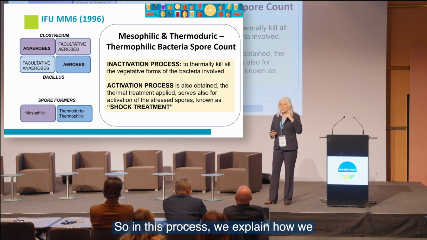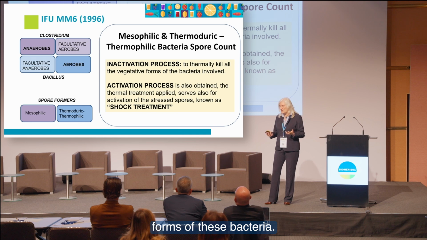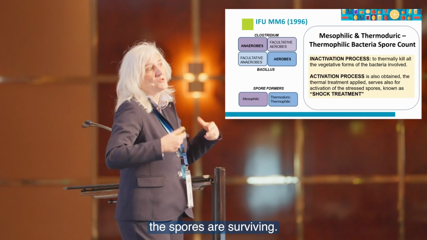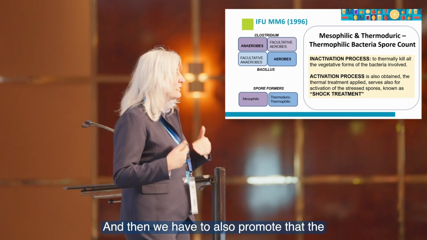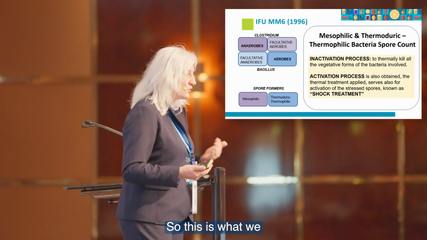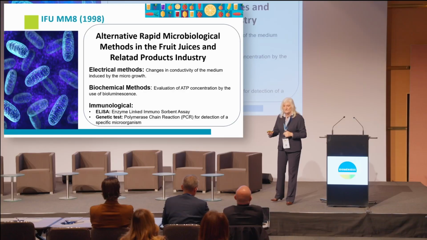So in this process, we explain how we have to inactivate first the vegetative forms of these bacteria. We have to kill them, so we are sure that only the spores are surviving. And then we have to also promote that these spores vegetate again. This is what we call the shock treatment, and this is also explained in this method.